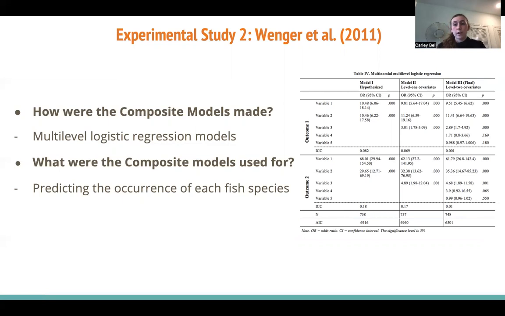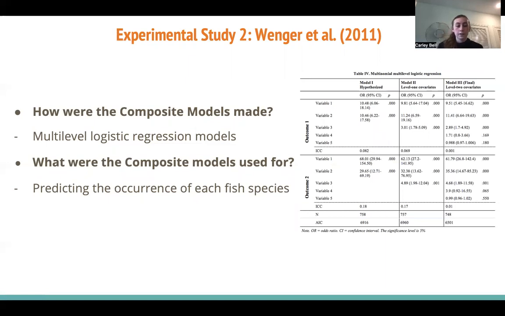For example, they have different critical thermal maximums and they have different needs and characteristics. So the models were specialized for each species. Different data would go in for rainbow trout and brook trout, and the models were made to be specialized for these trout to be as accurate as possible.